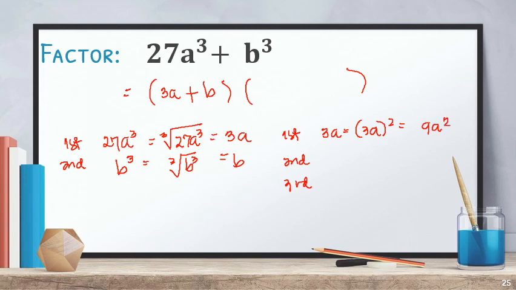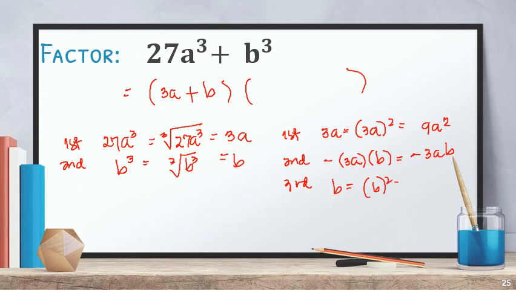And for the second term, again, we will need the negative product of the binomial factors. So negative 3a multiplied by b. And that is negative 3ab. And for the last term or for the third term, we need to get the squared of the second term of your first factor. So that is b.